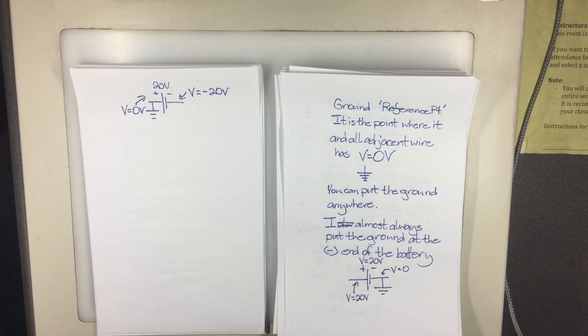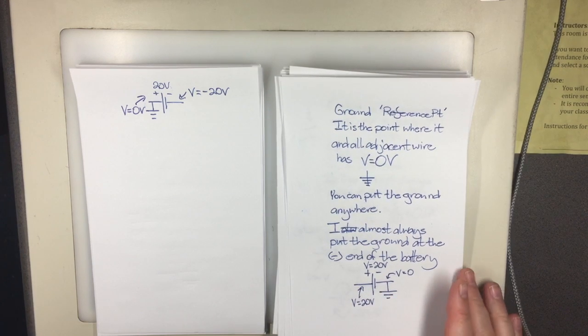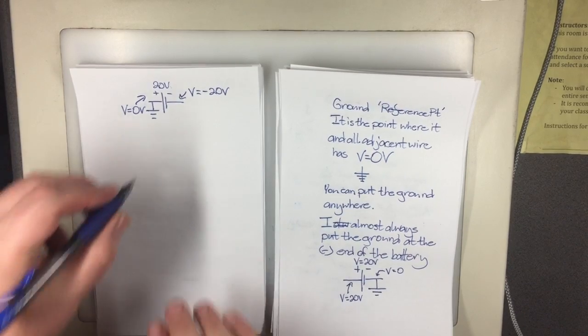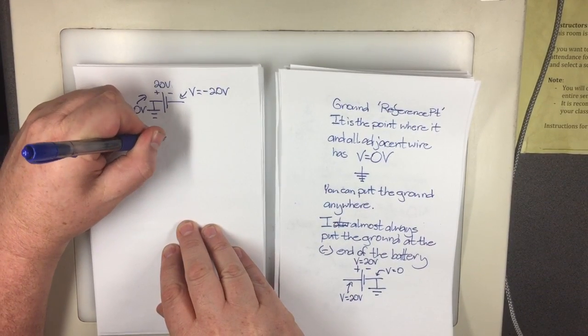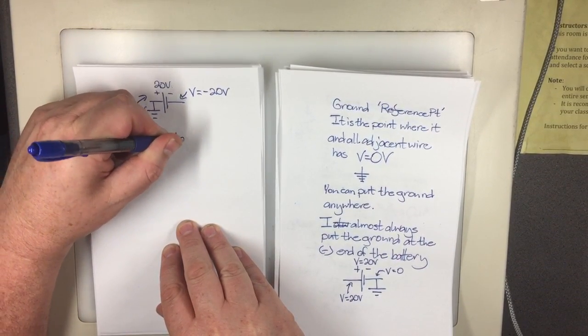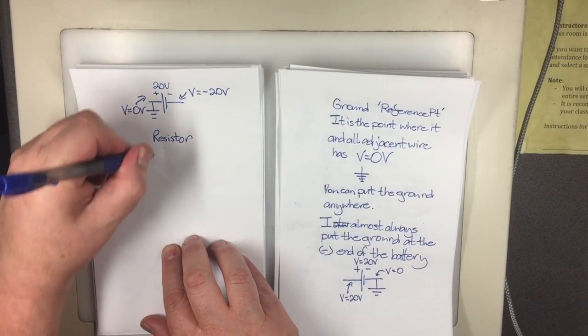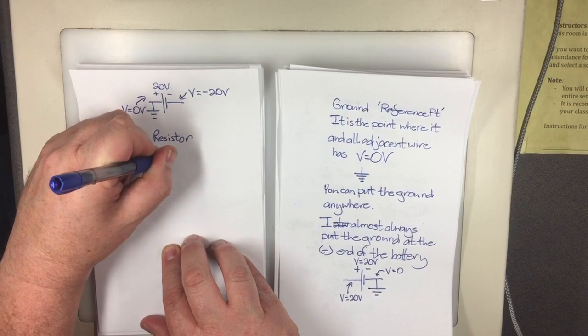But for sanity's sake, and when I work with these things, I've worked out a very specific way to do it. The thing that I almost always do, unless there is something bizarre that I have to figure out, I put that ground on the negative end. For the time being, this is the last part of the circuit that we're dealing with.